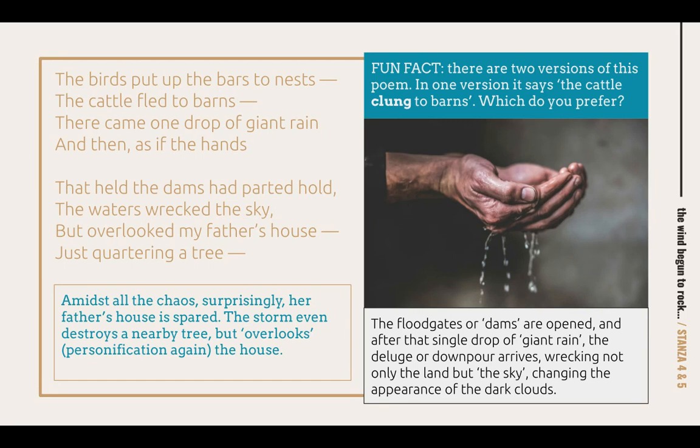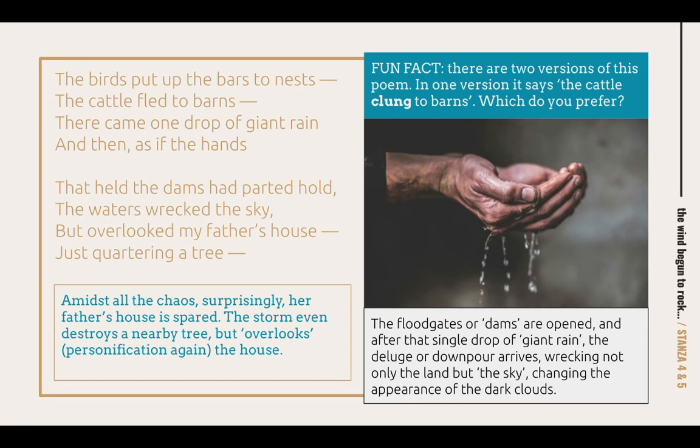Now that's also a form of personification, by the way, because the storm seems to have some sort of sentience there. The storm overlooked my father's house. It didn't focus on her father's house. What it did do is completely destroy a tree just nearby. It quarters the tree. So it split the tree into four, but overlooks her father's house. And then you end with that dash, just quartering a tree.